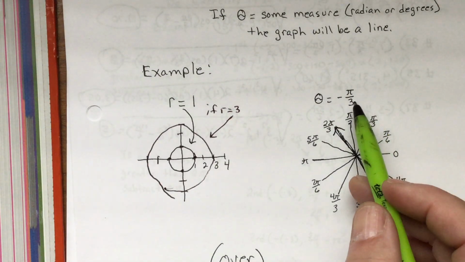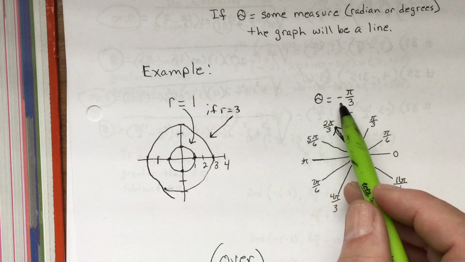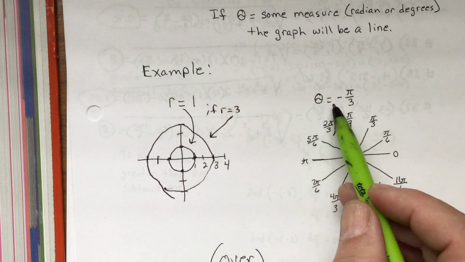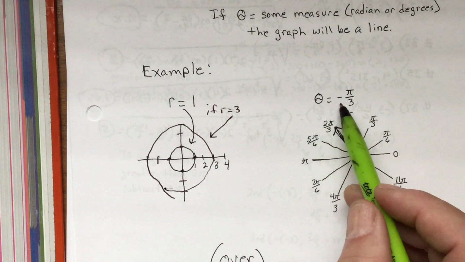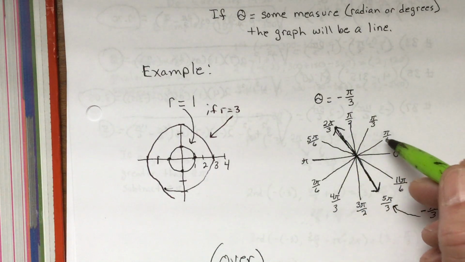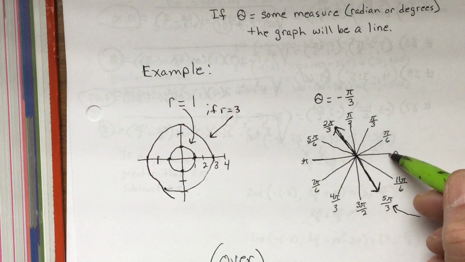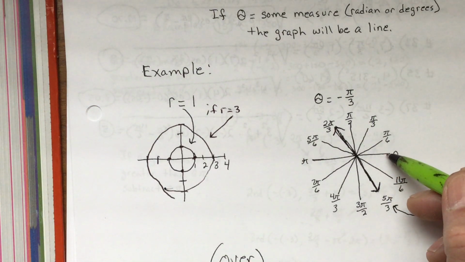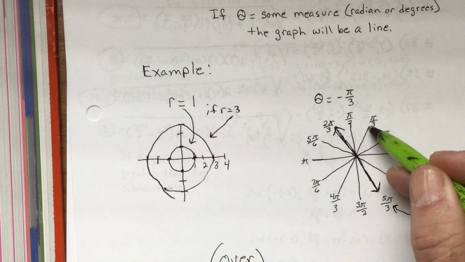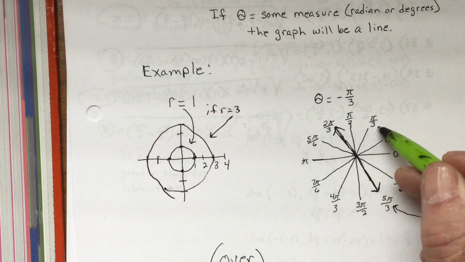If, however, you're given a measure for theta, it stands for angle of rotation, then you will just rotate from the origin, rotate this much. All right, you can see if you go in the positive direction, pi over 3 is this far.